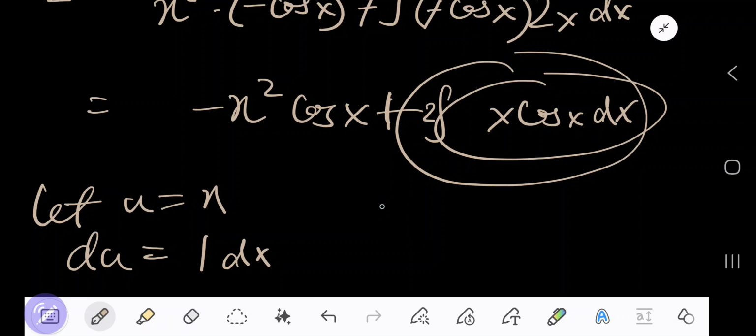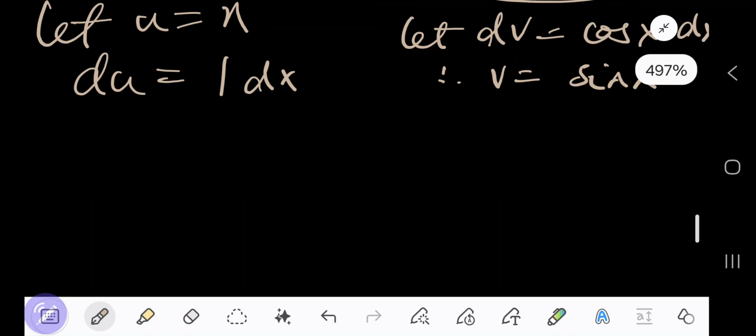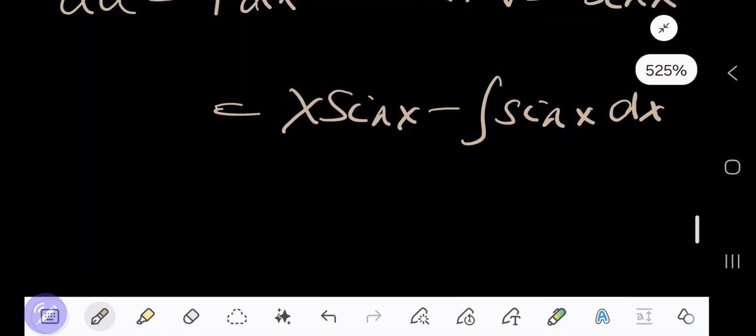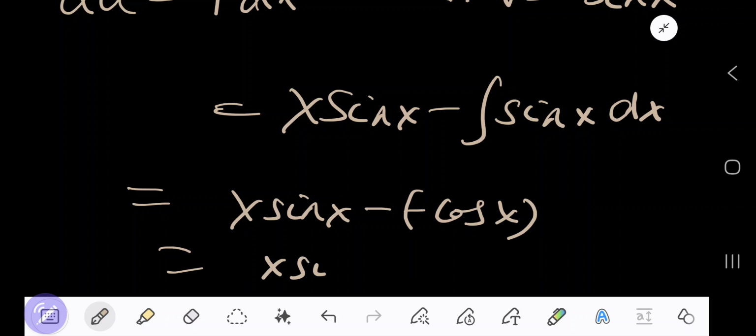And then we're going to let dv equal cosine x dx, therefore v equals sine x. So after substituting values, this should be equal to x sine x minus the integral of sine x dx, which equals x sine x minus negative cos x, which equals x sine x plus cos x.